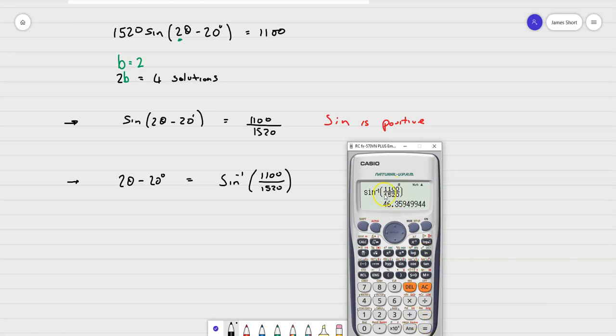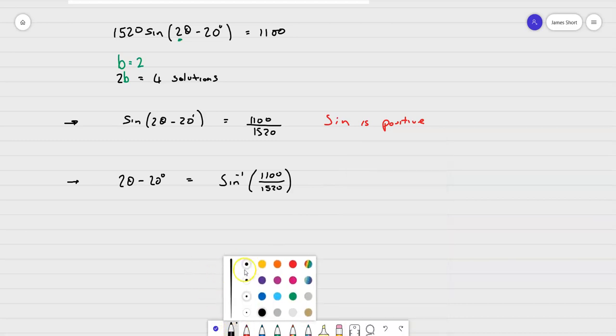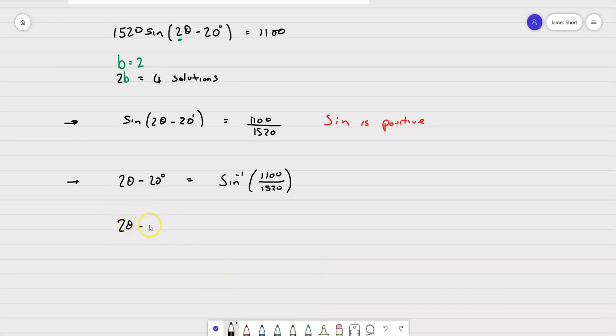Equals, and it gives us 46.35949944. We'll round this to 2 decimal places, seeing as we're in degrees. So that'll be 46.36. Rounding is crucial for this, so make sure we're rounding correctly to 2 decimal places. So that leaves us with 2 theta minus 20 degrees is equal to 46.36 degrees.